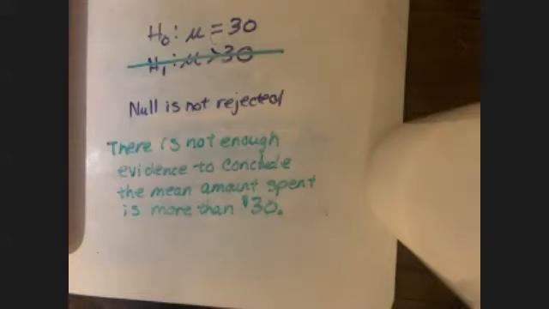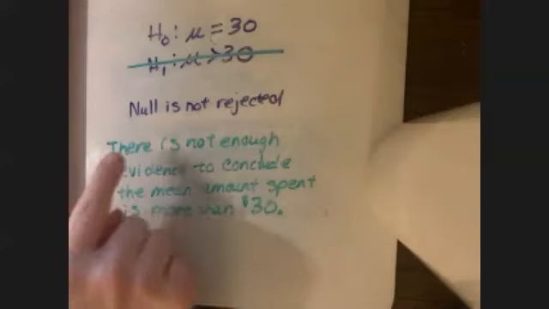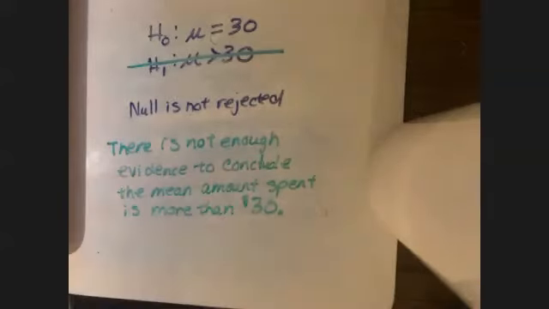The idea here is if you do not reject, there was not enough there to change our mind. That is the big overarching premise for this whole thing. Now if we had rejected, if they had said the null is rejected, then we would say there is enough evidence to conclude, okay?